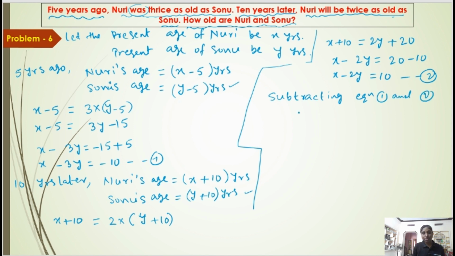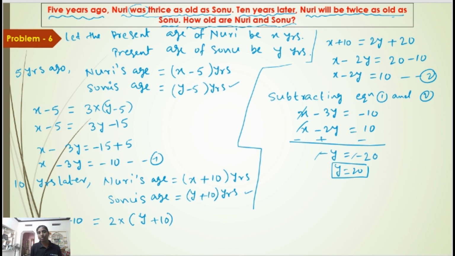Write x minus 3y is equal to minus 10 and x minus 2y is equal to 10. Subtracting, you will get opposite signs: minus will become plus and plus will become minus. x cancels, minus 3y plus 2y is minus y, and minus 10 minus 10 gives minus 20. Minus cancels, y is equal to 20.